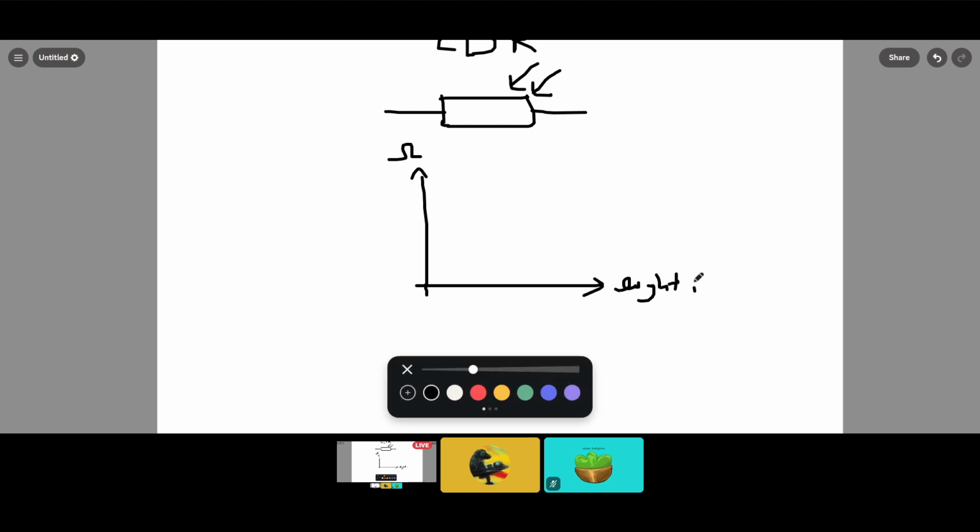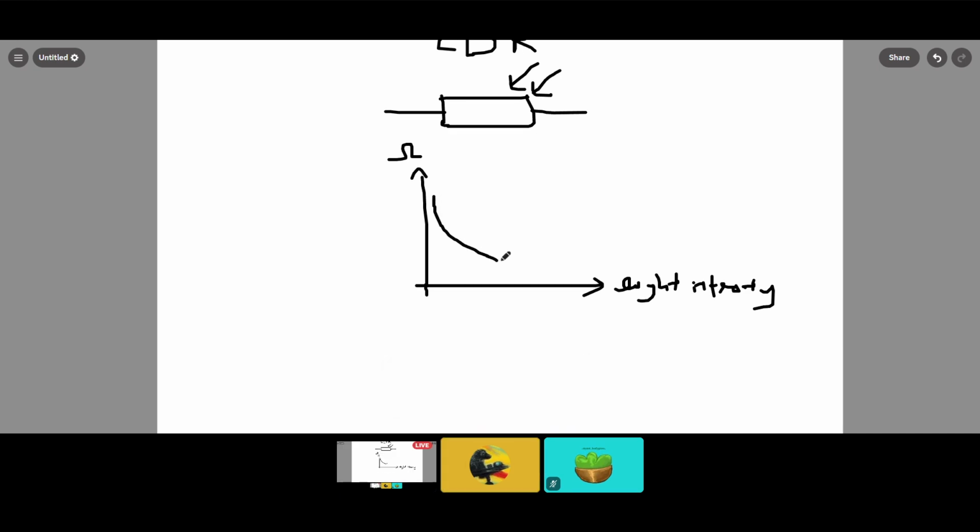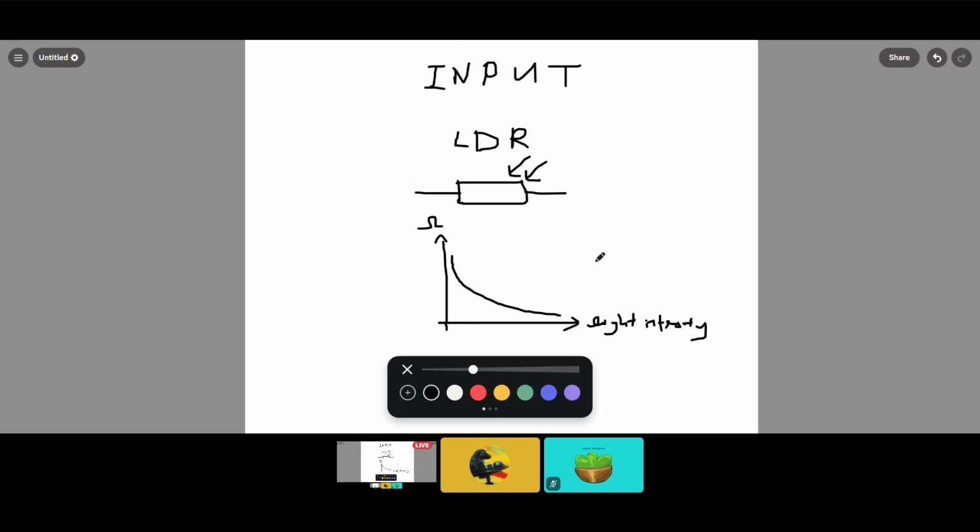If there's not a lot of light, it's really resistant. As the light intensity increases, its resistance decreases. So that's very simple. That is the LDR. There's not much else to it.